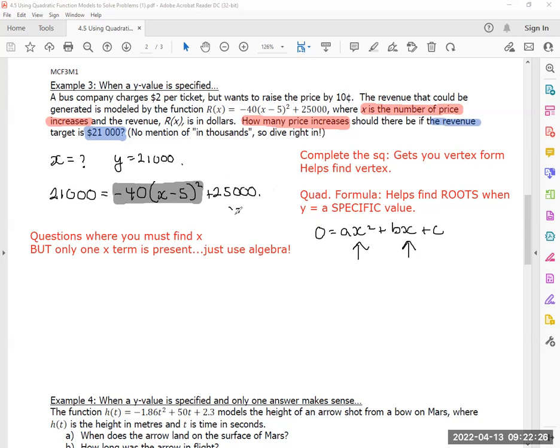What you do to one side, you must do to the other side, which brings us negative 4,000 equals negative 40 times (x minus 5) squared. And that's obviously a 0, so you don't have to write it.